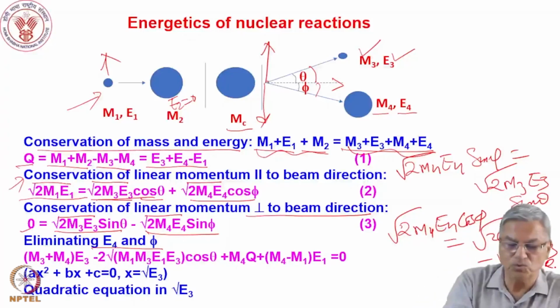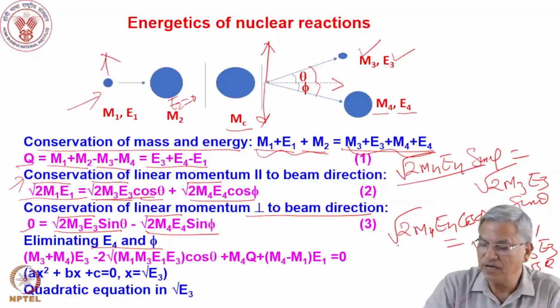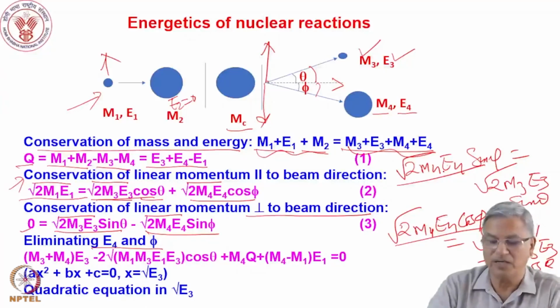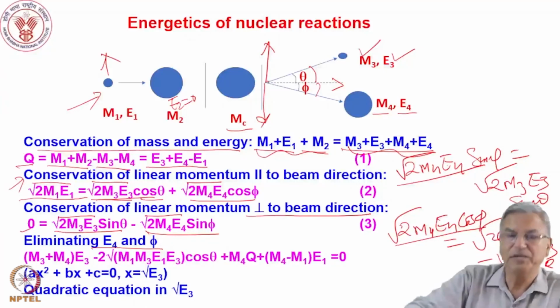So essentially what you do, you bring the sine theta, sine phi and cos phi terms, e4 phi terms on the left hand side, and then the remaining in the right hand side.